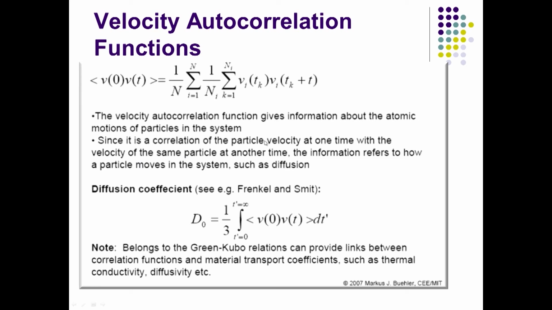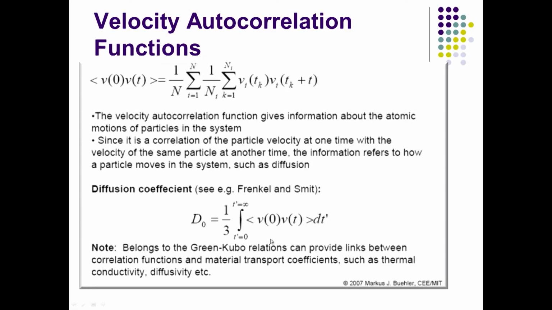If you look at the velocity autocorrelation function at time t0, that gives you what we call the diffusion coefficient. That is called the Frenkel-Smit diffusion coefficient D0, and it uses the Green-Kubo relationship, which can provide links between correlation functions and material transport coefficients such as thermal conductivity and diffusion.